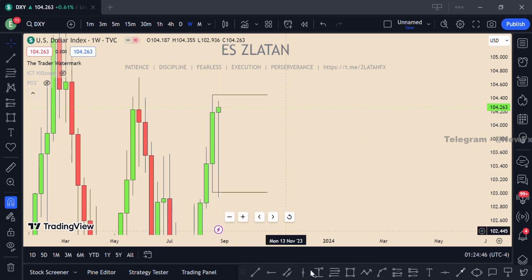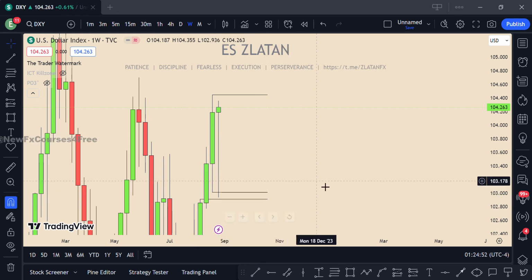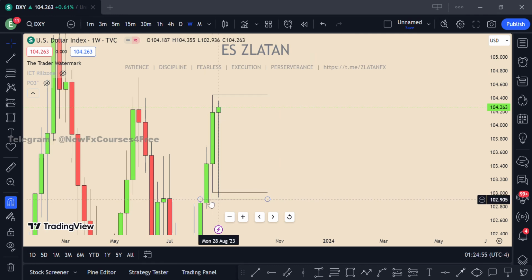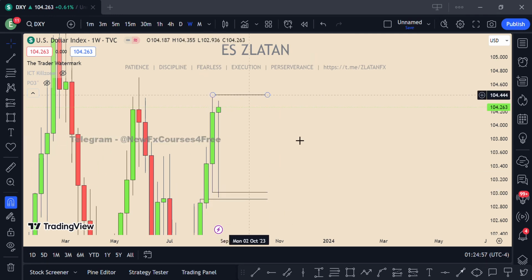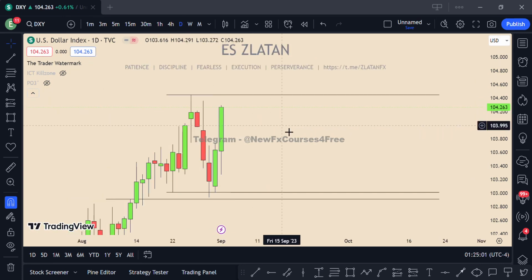This is a fair value gap right here, right? Now, a lot of you might see it like, okay, the market came, tested the fair value gap, and boom. That's quite simple. That's true. But then there's a lot to it.